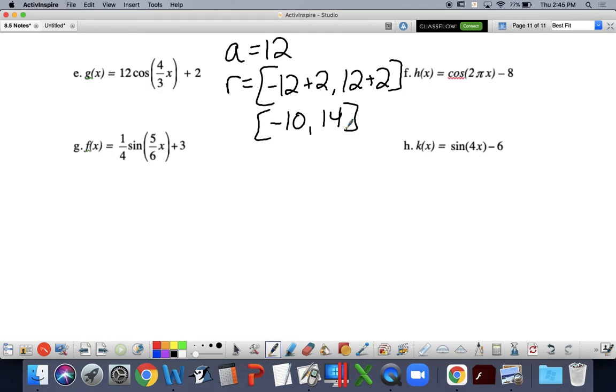And then the period value, I'm going to do 2 pi divided by 4/3. No pi in there. So 2 times 3/4 equals 6/4, 3 pi over 2.